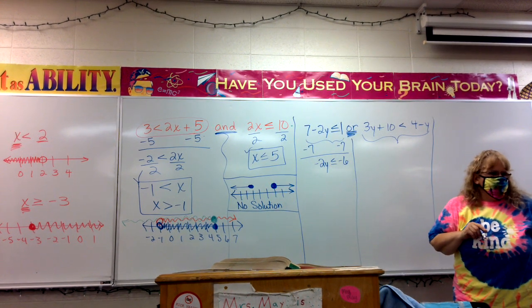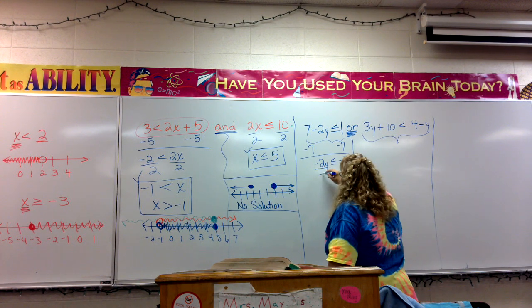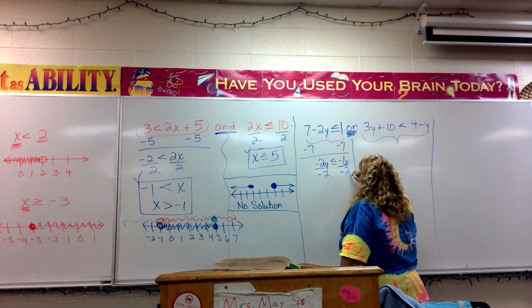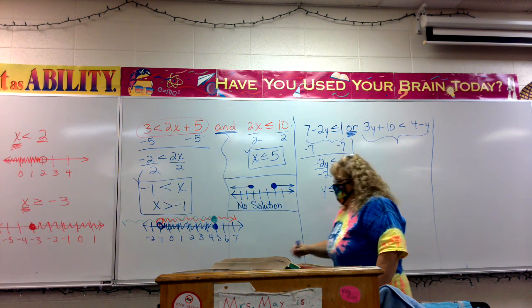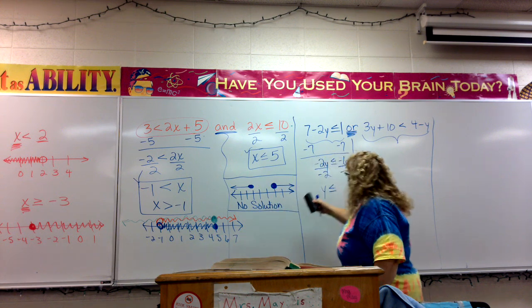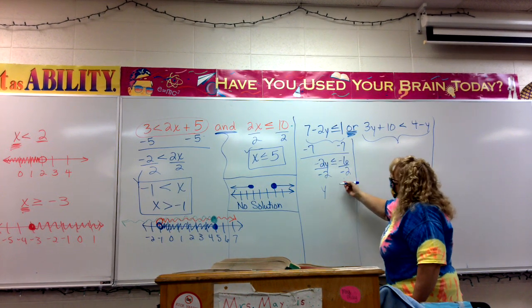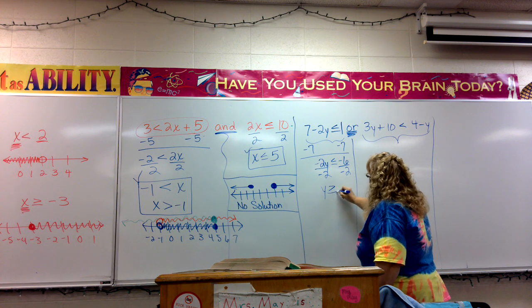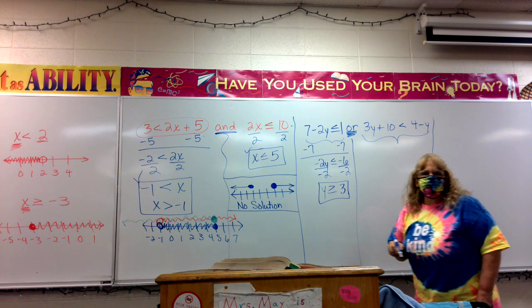Then what? Divide by negative 2. Divide by negative 2. So I get y less than, oh, good job, good job. We divided by negative 2. So we have to flip and make it greater than. Right?